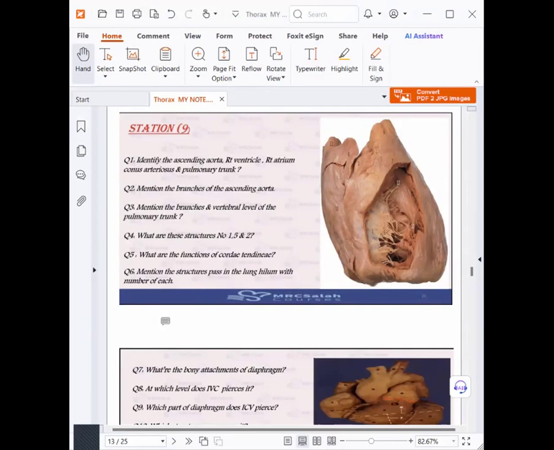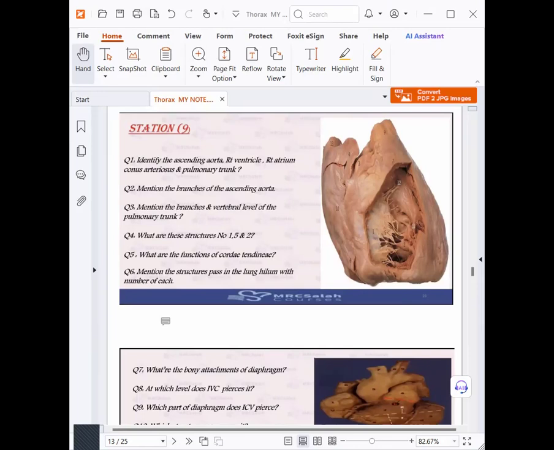Lymph nodes and pulmonary ligament. I don't know what is the other one. Okay, it is bronchial artery and vein, also autonomic nerve.